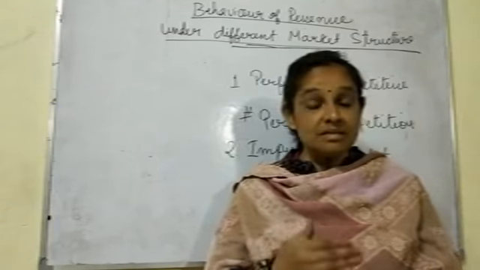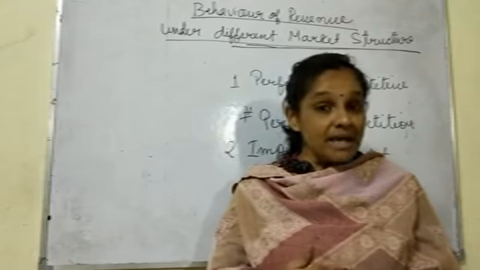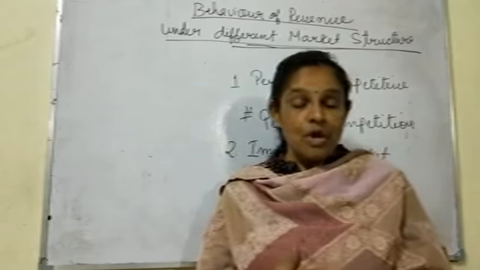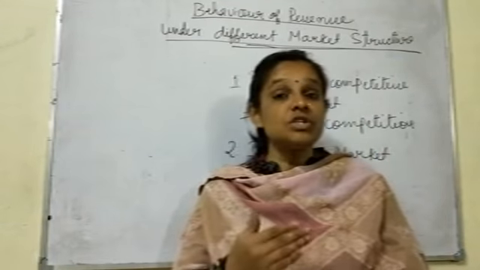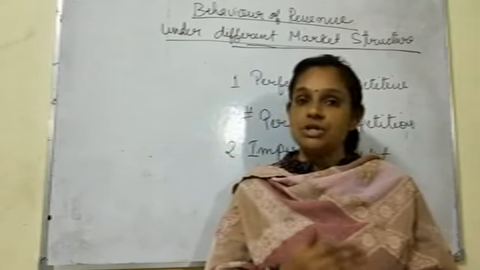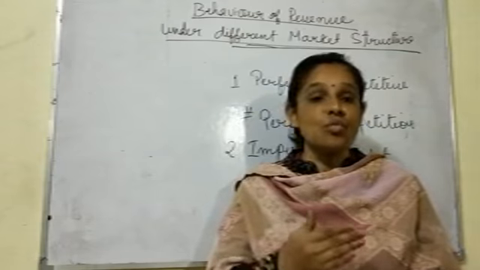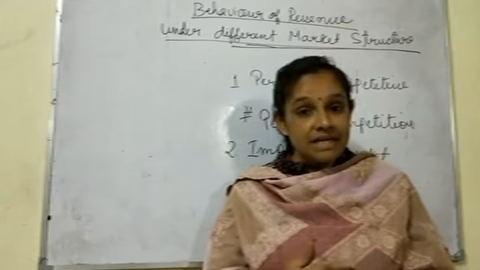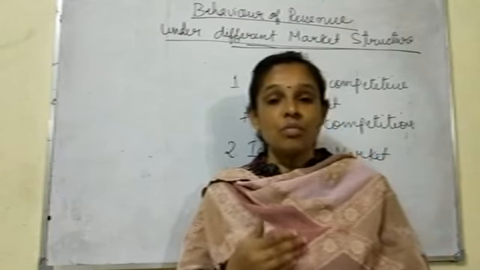And this is the most important thing: a firm under perfect competition is a price taker. It means every firm under perfect competition is producing a commodity which is homogeneous in nature, but they are not deciding what should be the price of the commodity.